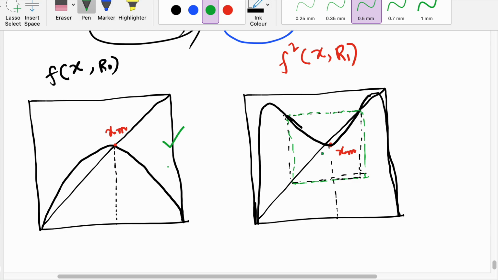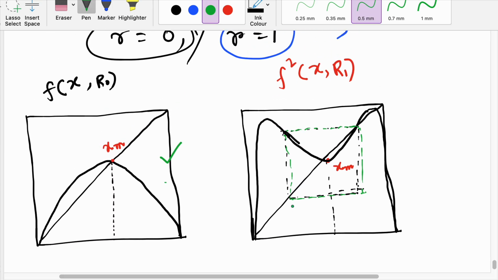Now if I want to create a bigger box from here, what do I have to do? I have to multiply this axis by some bigger number.